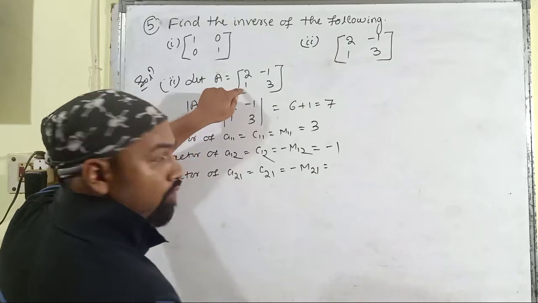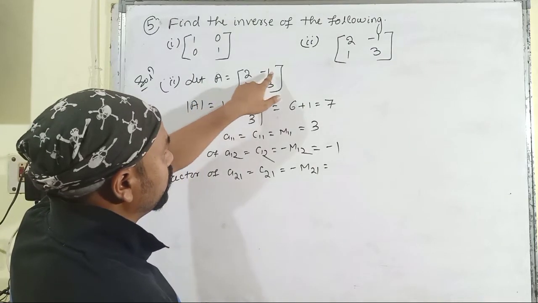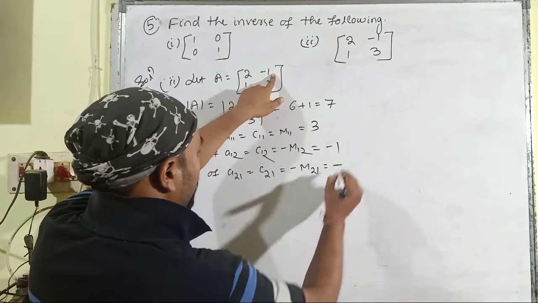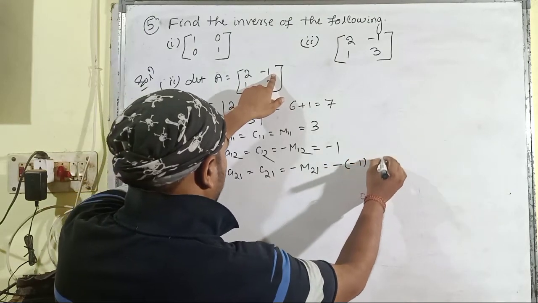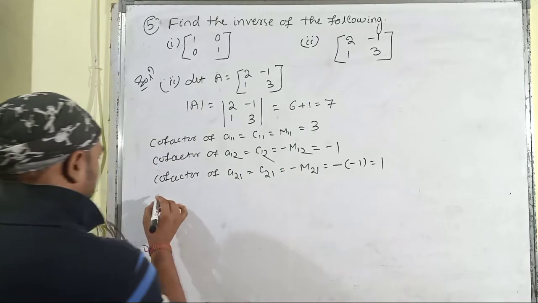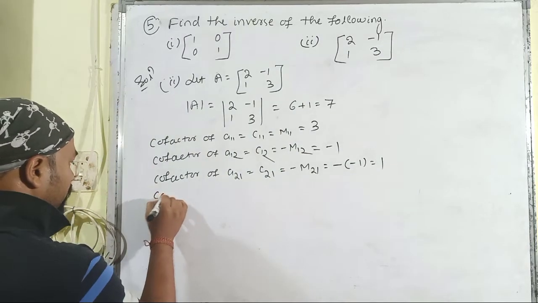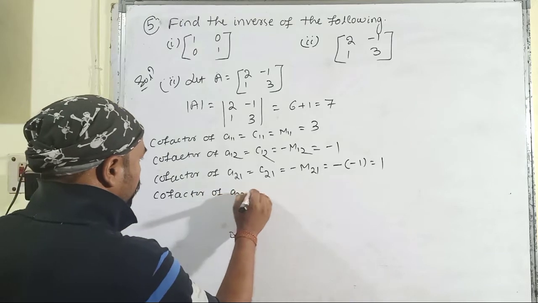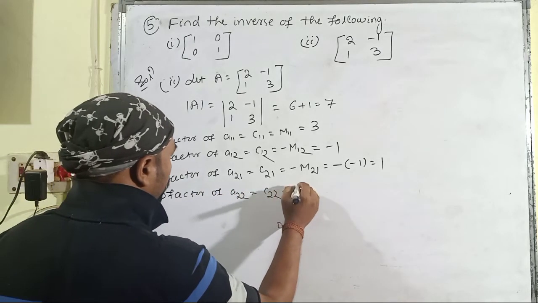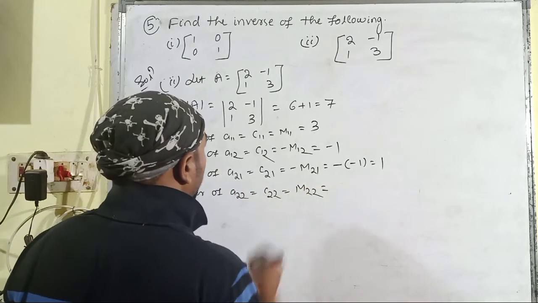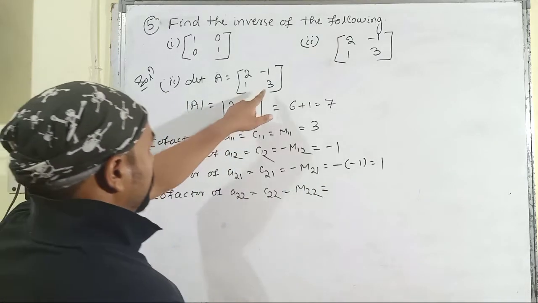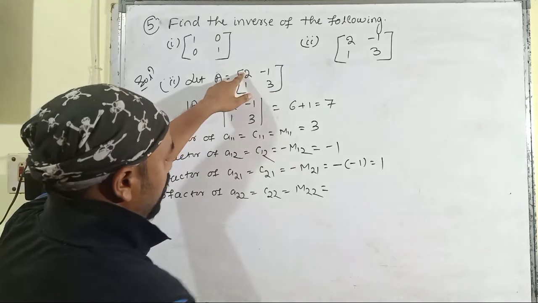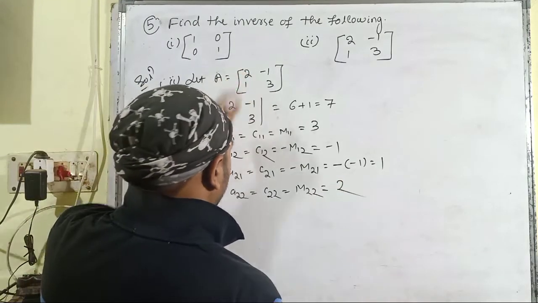This is the element A21. We have to go through this value minus 1, but as there exists another negative sign, minus of minus 1 is equal to plus 1. Then cofactor of A22, which is equal to C22, which is equal to M22. This is the element A22. We have to go through the opposite corner value, and this is 2.